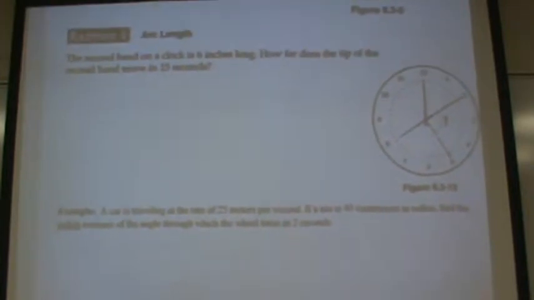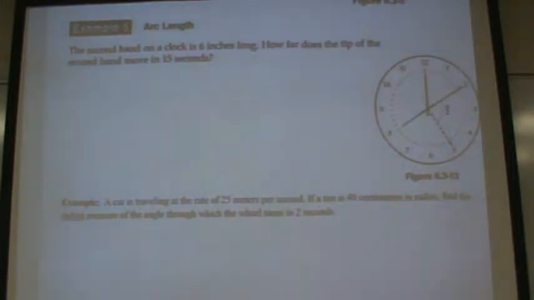So in example 5, it says that the second hand on a clock is 6 inches long. How far does the tip of the second hand move in 15 seconds? So we're looking for how far the tip moved in 15 seconds. So we're looking for L, the arc length.